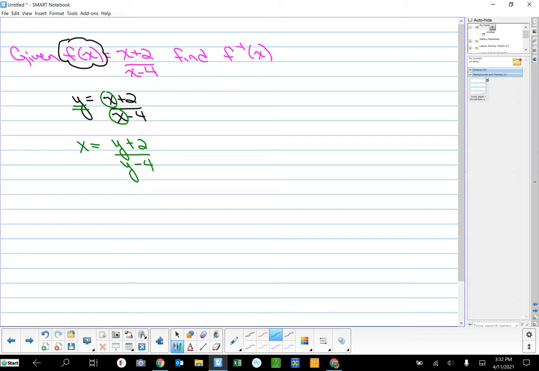All right, and now you got to do a little bit of creative math. So what we're going to do here, we want to get the y by itself, right? We want to get y by itself. But you have 2 of them. So here's what we're going to do. We got to get rid of this fraction.